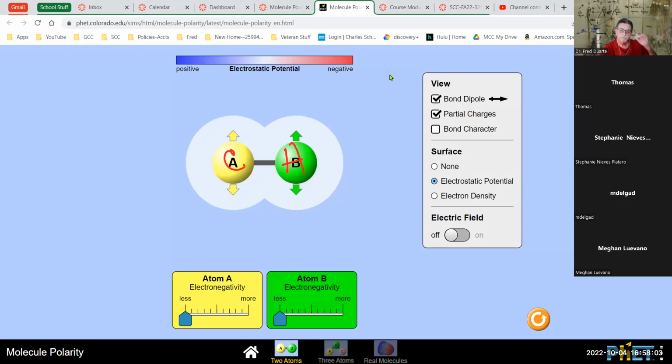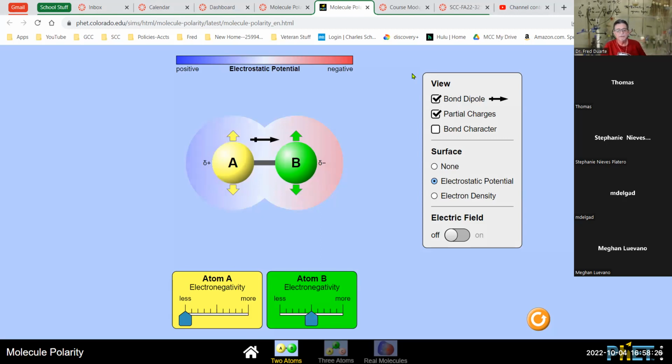Now, the moment I start to increase the electron density of one of them, and let's just say we're going to change B to something else, okay? Notice we start to get red color, and not only that, we create the dipole arrow.